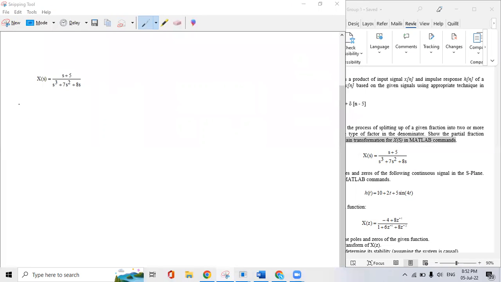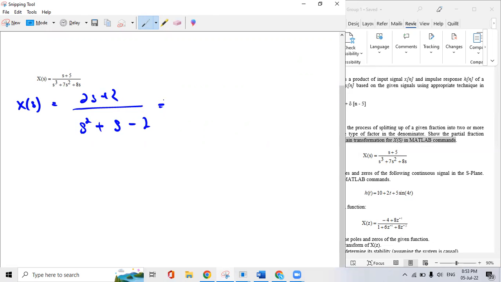Let's say that we have 2s plus 2 over s squared minus s plus 2.